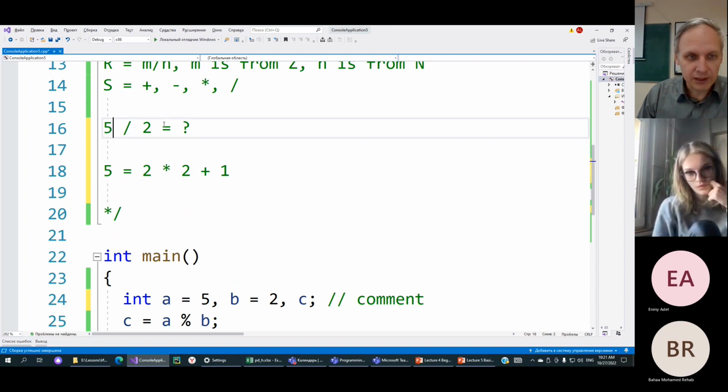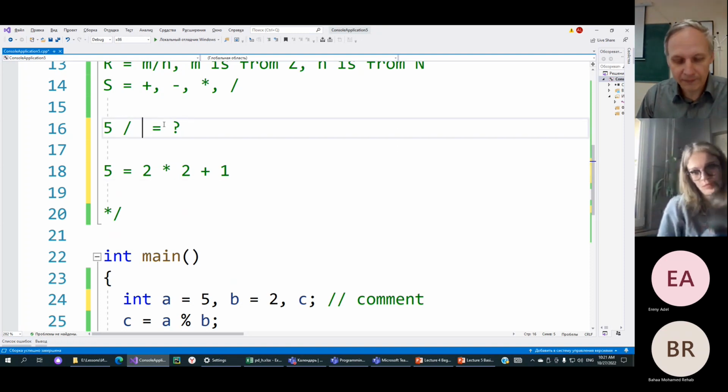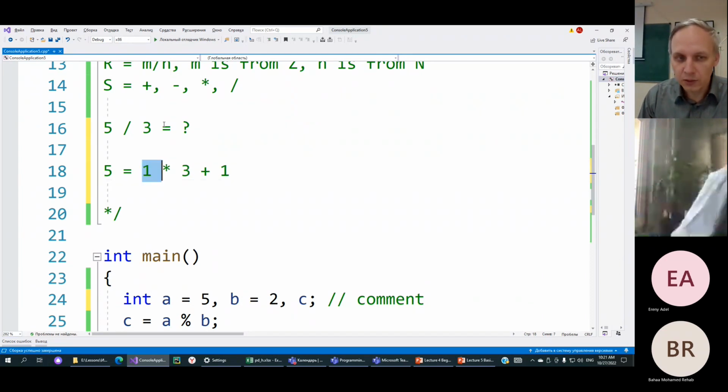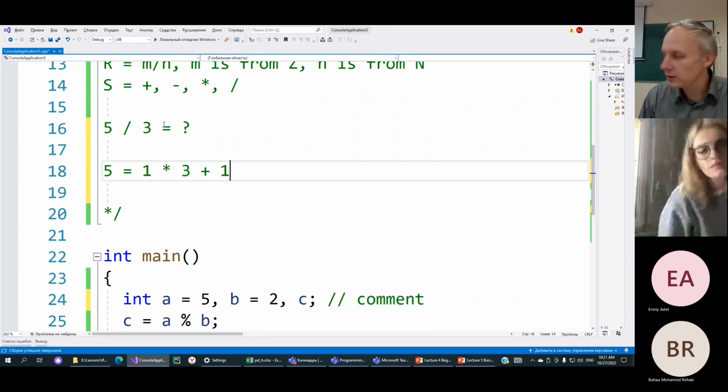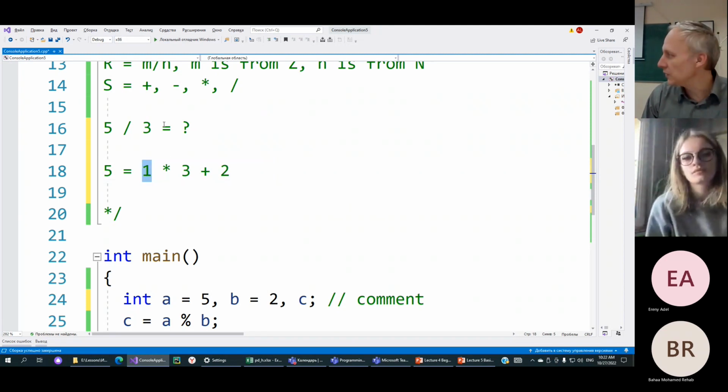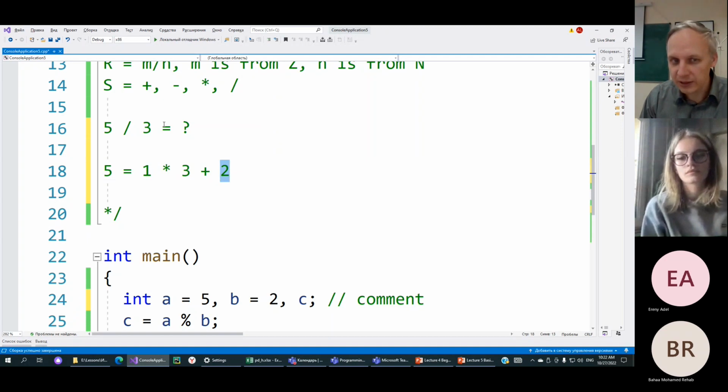If I consider here 5/3, what will be the remainder? 5/3 is 1 times 3 plus 2. So the result of integer division will be 1 and the remainder will be 2.